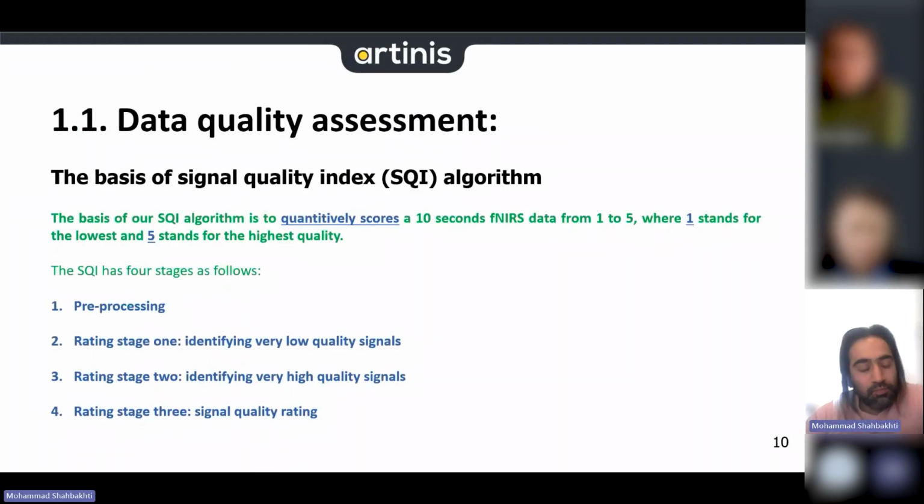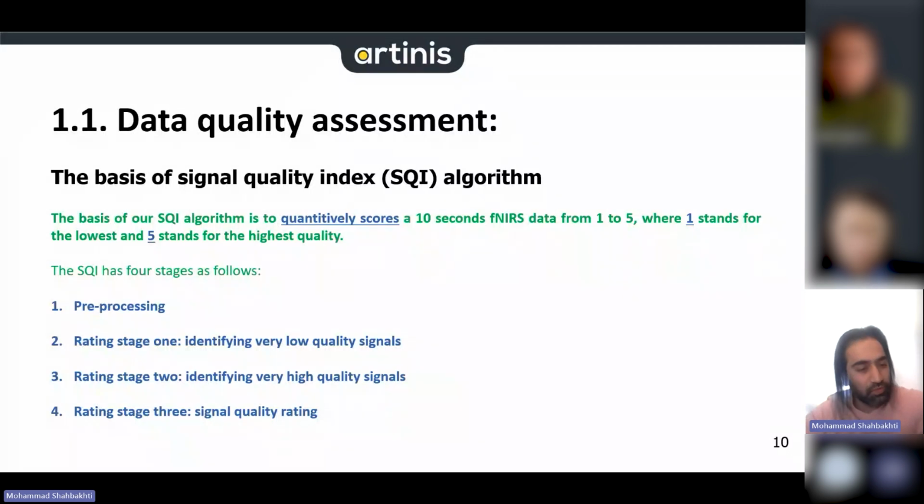So based on this property, in our company, we developed an algorithm which is called Signal Quality Index that is aimed to score the quality of 10 seconds of fNIRS data from 1 to 5, where 1 stands for lowest and 5 stands for the highest. So our algorithm consists of 4 stages.